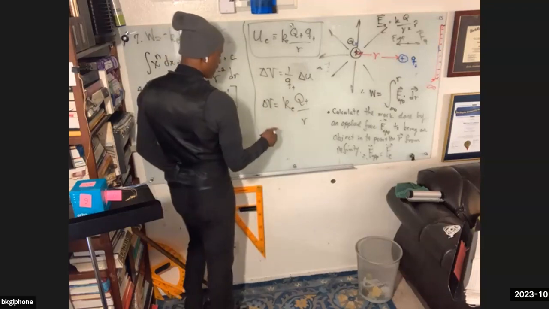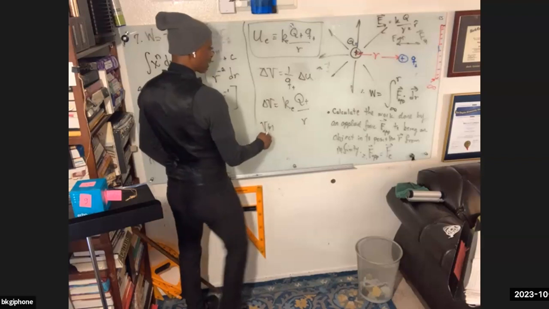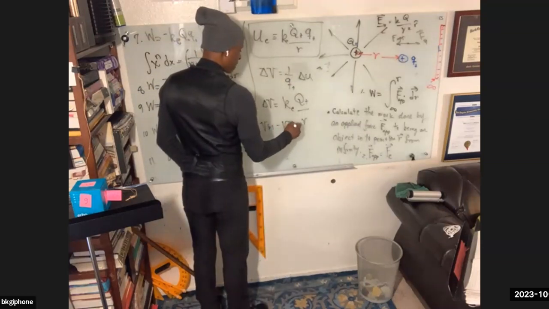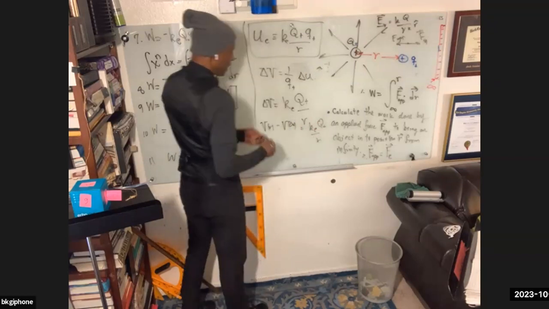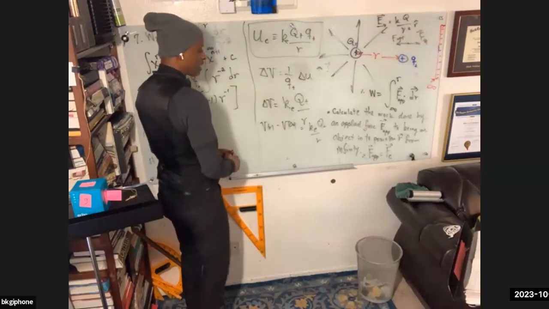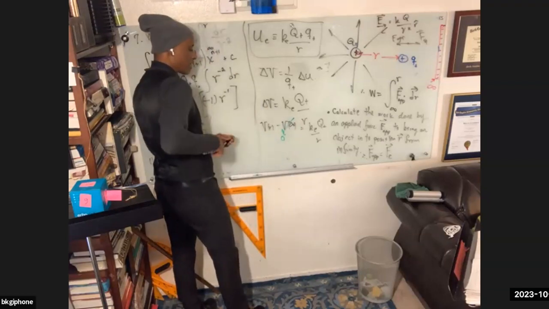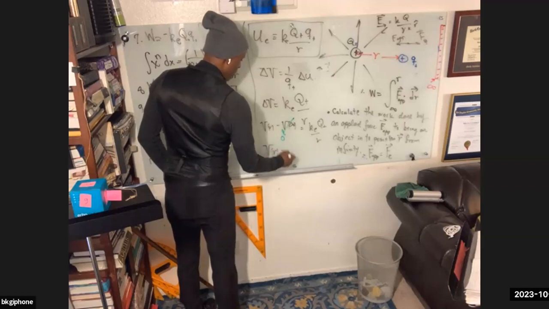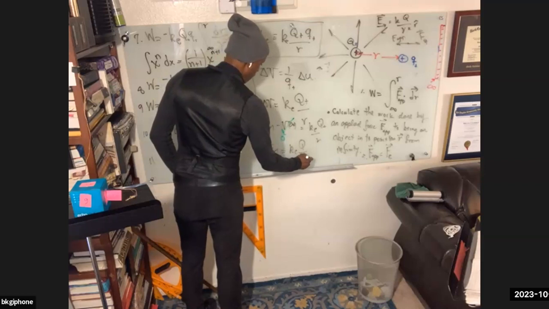And finally, I think of this ΔV as V at r, because it's final minus initial: the final is the potential at this point, and the initial was the potential at infinity. So V equals k_e Q over r. In the same way I define the electric potential energy as 0 at infinity, the electric potential is also defined to be 0 at infinity. And that's where they get this formula, that the electric potential of a point charge, V of r, is equal to k_e Q over r.